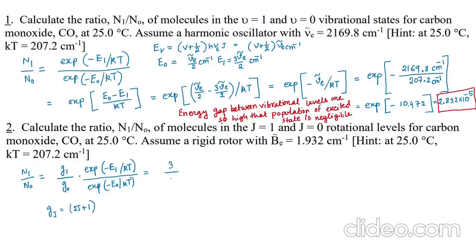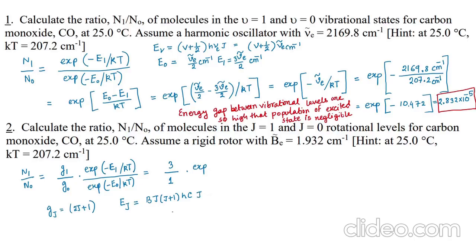And for ground state, it is 1. What about the energies? So let us write what is EJ. EJ is B into J into J plus 1, right? In centimeter inverse, so I'll multiply it by hc.